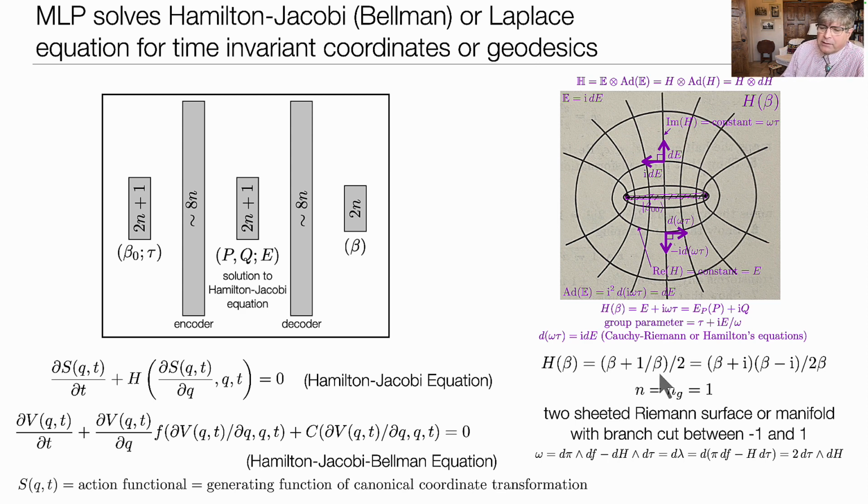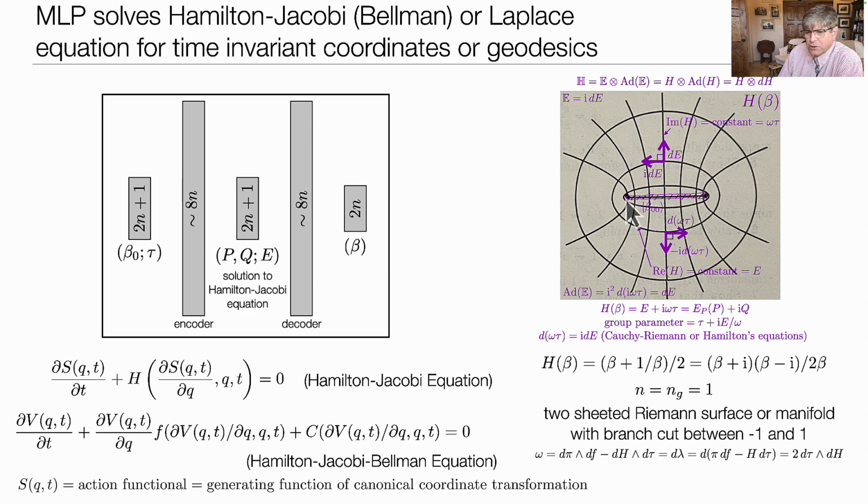I'm going to write down an analytic form of it. This particular function has a two-sheeted Riemann surface, or manifold, with a branch cut between -1 and +1, with the two sheets cross-connected like that through the branch cut, right?